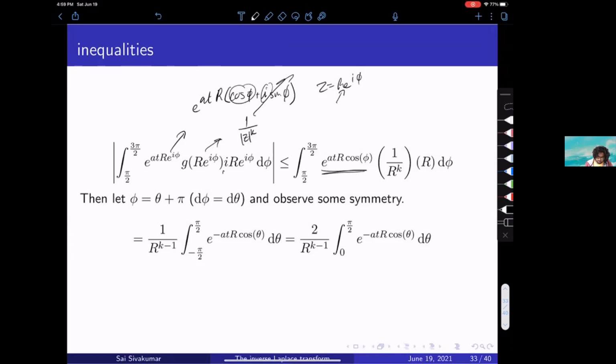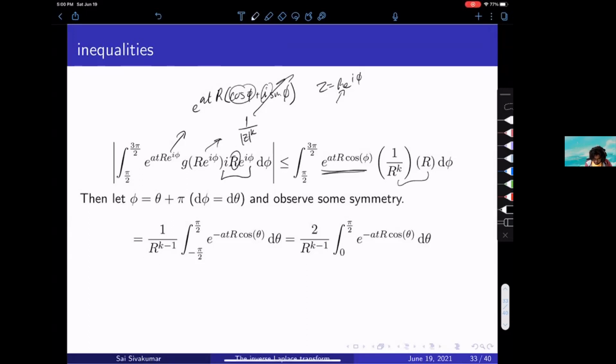And so then this is the same thing. You just get the r, and then the e to the i is just 1. So you have this. And so now we have this. Now you might be worried, like, we have r to the k minus 1, but I already said that k was supposed to be great. What if k is some number between 0 and 1? You get this minus 1. In a future step, we'll have another r pop out, which will fix this. So this is the first step in bounding.